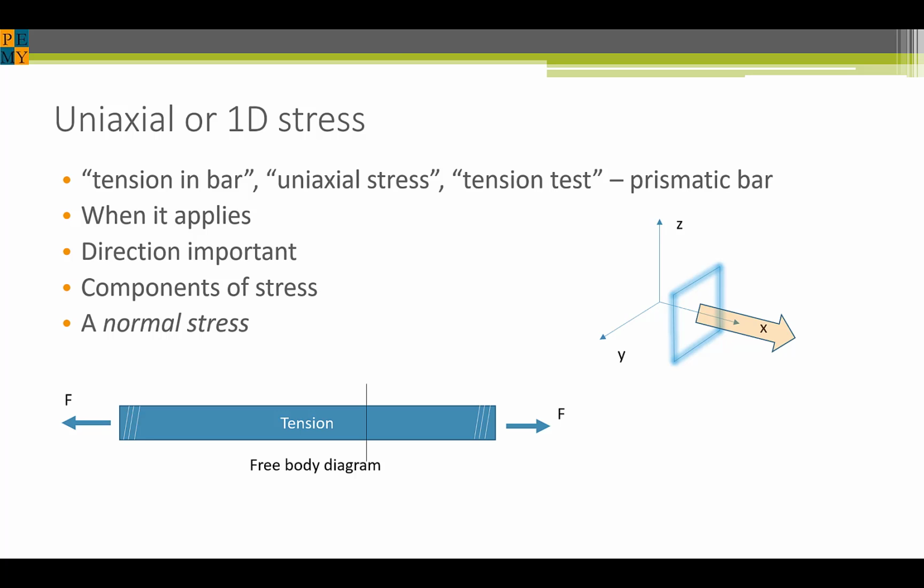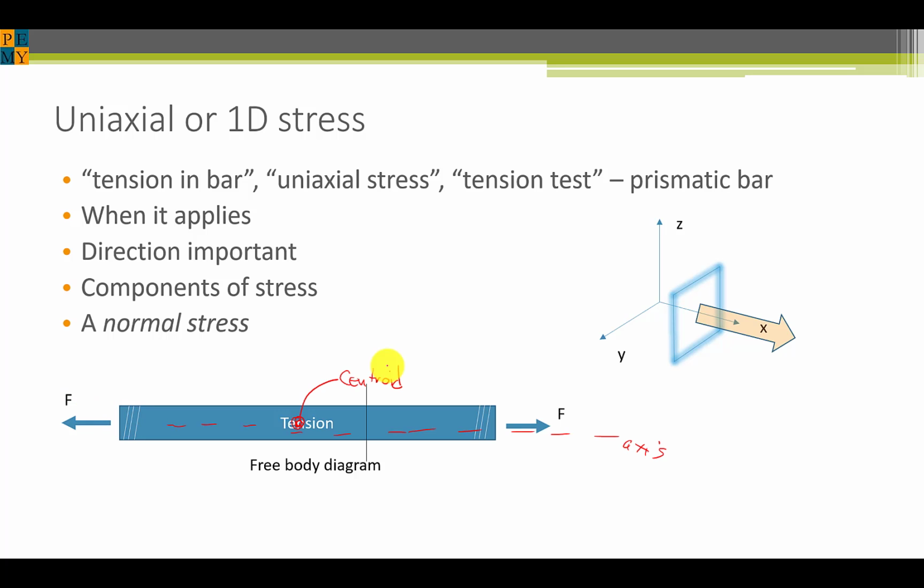The bar is prismatic, meaning that its cross-section does not change across the length of the bar. However, in the case of the tensile test, the ends are beefed up to make sure that the ends don't fail. A uniaxial stress occurs when a force is applied along the axis as shown here and through the bar's centroid.